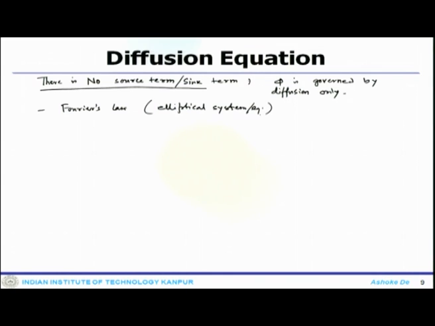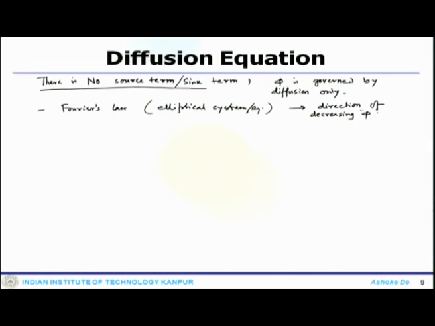So, the diffusion system is governed by Fourier's law in the direction of decreasing phi. The point here is that there is no source term in the system.